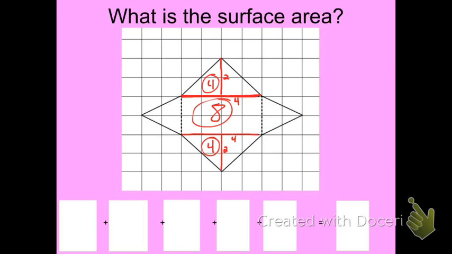Now how about this one? What's the base of this triangle? 2. Base of that one is 2. The height is what? 2 also. So what's the area of that triangle? 2, because 2 times 2 is 4, divided by 2 gives us 2. So the area of that one is also 2.